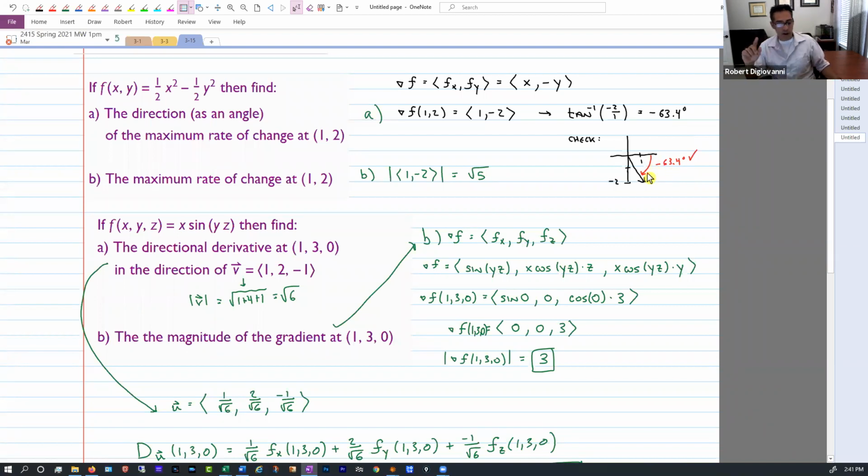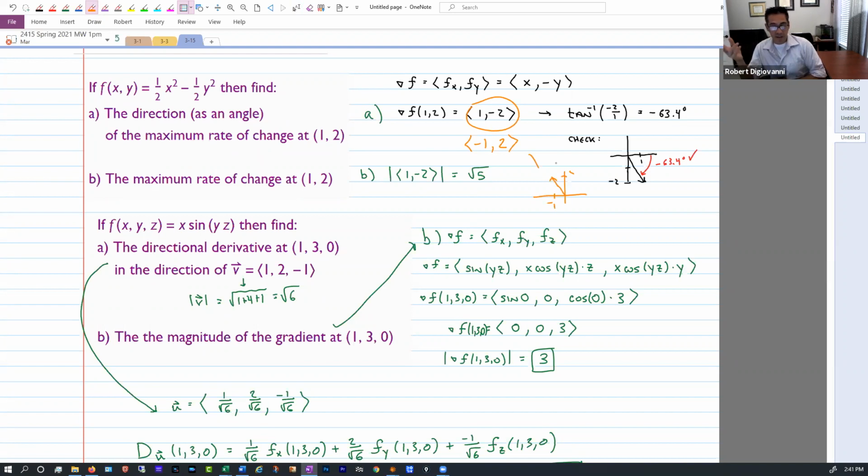You have to be careful with that, because if we had gotten a vector, say -1, 2, then it would have been here, at -1 and then 2. It would have been in the second quadrant, but our answer on the calculator still would have been -63 degrees.